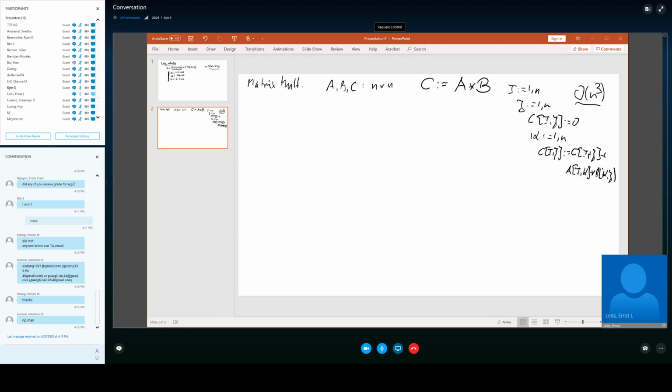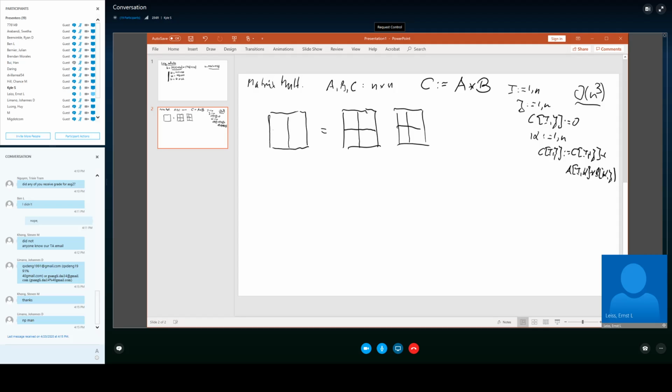Well, we can, in fact, do this a little differently. As you know, we are frequently interested in formulating things recursively, and so let's look at what is happening here. We have a matrix A and a matrix B and a matrix C, and what we can do is cut these matrices into quarters.